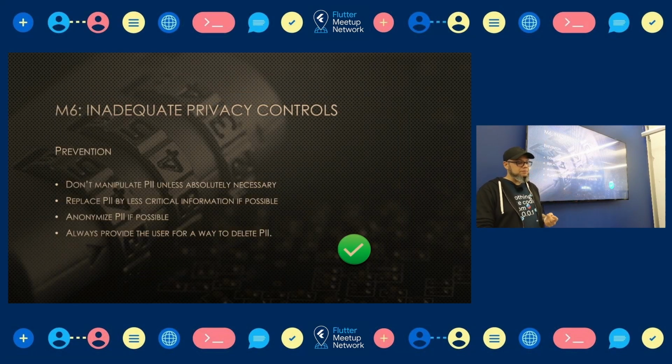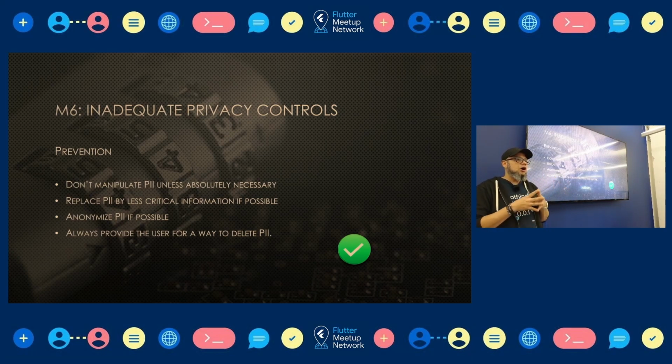Prevention: don't manipulate PII unless absolutely necessary. Replace it with less critical information if possible. Like JP said, if you can anonymize it, instead of dealing with the actual data, hash it or do something about it so that it's not easily identified.